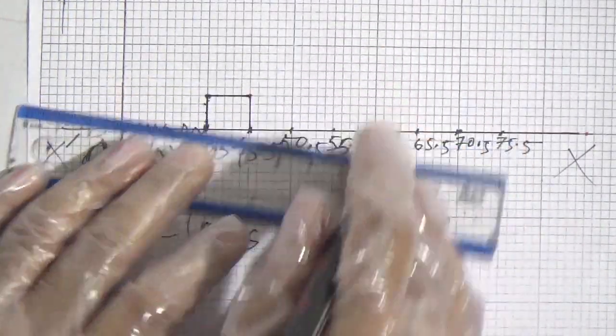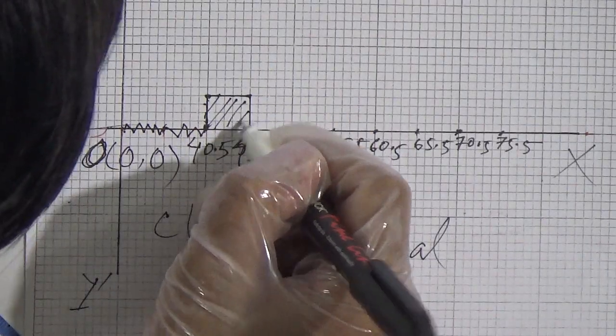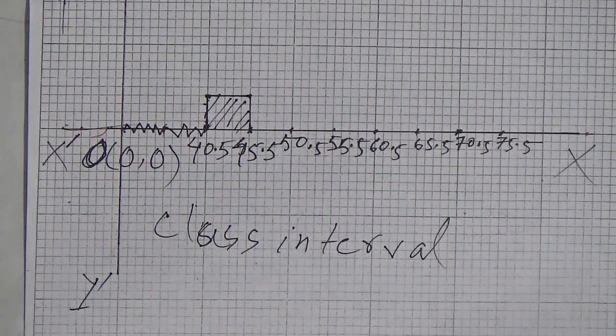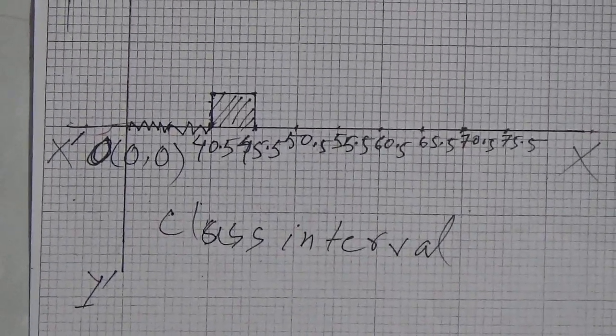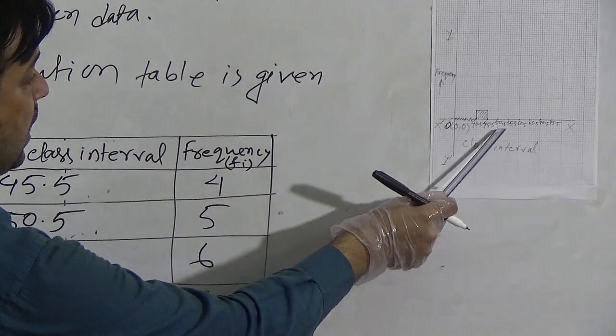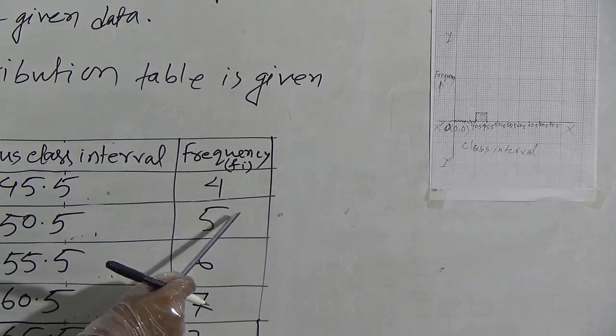This rectangle is for our first class. Now we have to draw another rectangle for the second class. To draw this, we will go to the second class and we have to see the frequency. Frequency is 5.